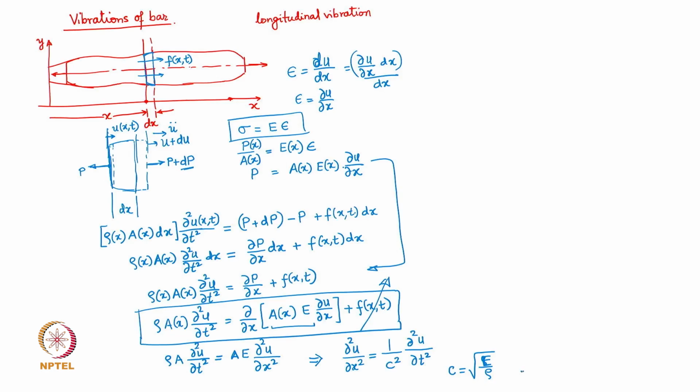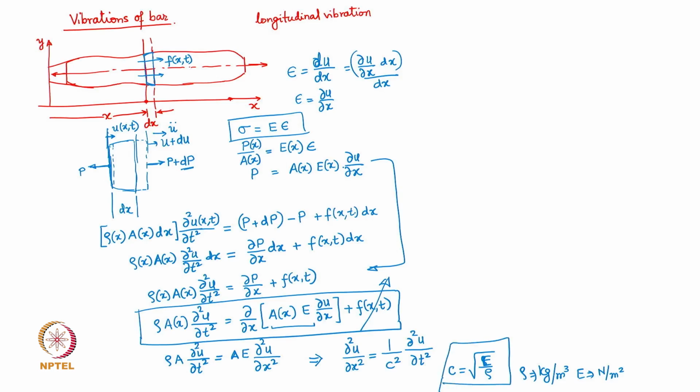The density here is in kg per cubic meter, mass per volume, and E is in units of Newton per square meter. So you can find the speed of the wave using this expression.